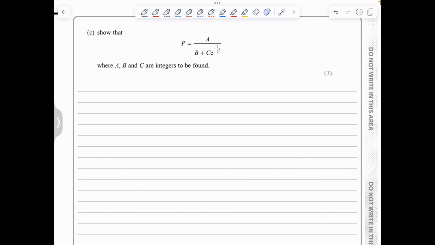Finally, in part C, we need to show that the solution can be written in this form. In other words, we need to make p the subject of the formula, where a, b, and c are integers to be found. Well, let's start with the solution we found after finding c. We had 2 ln p minus 2 ln (11 − 2p) is t minus 2 ln 9.